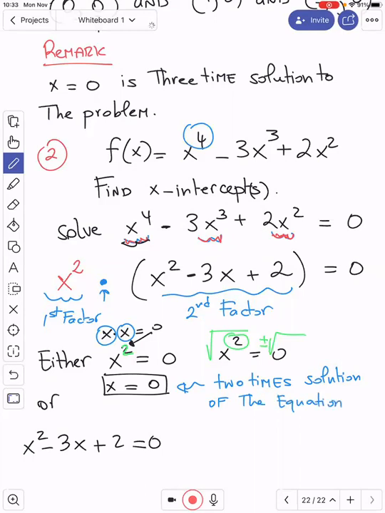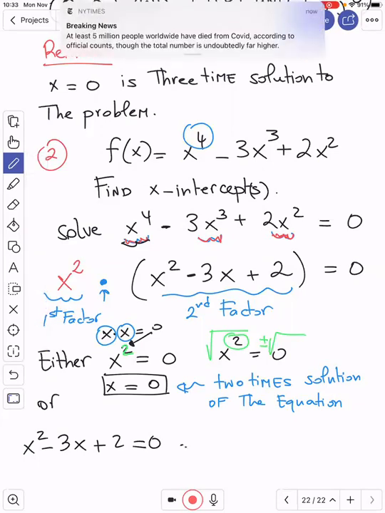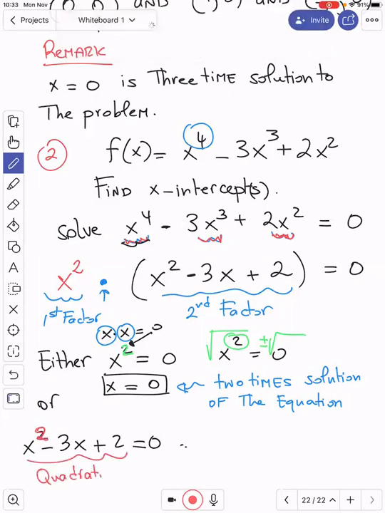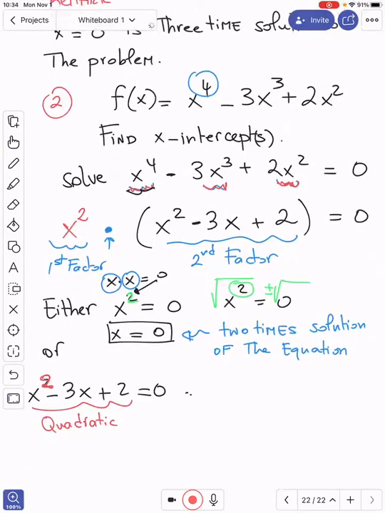All right, and then there's this, x squared minus 3x plus 2. So this is a quadratic equation because the highest power of x is 2. So then we can just apply the quadratic formula, right?